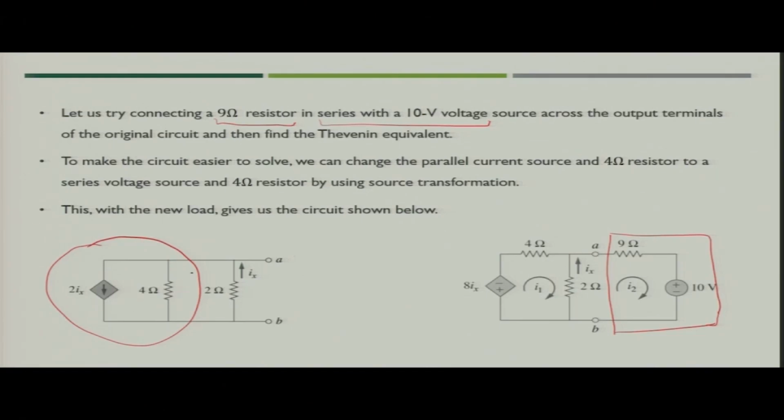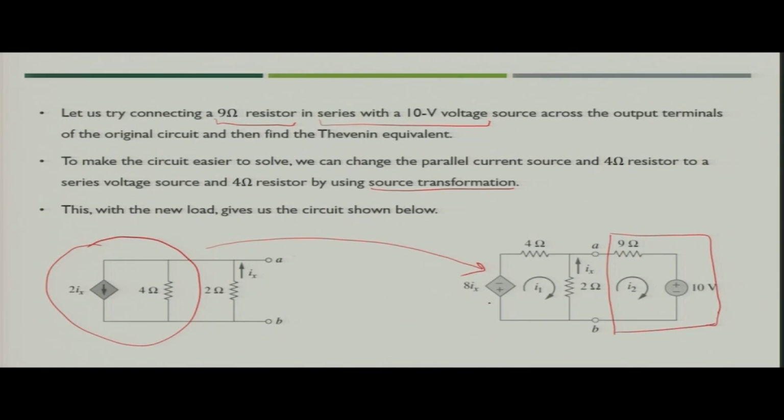You can apply source transformation, converting the combination of current source in parallel with 4 ohm resistance into a voltage source in series with 4 ohm resistance, that is the source transformation technique which we studied earlier.